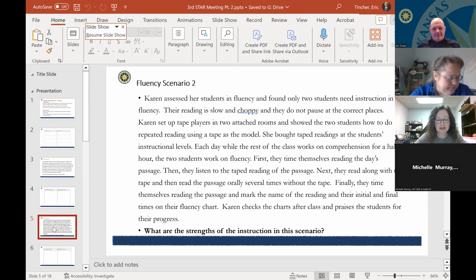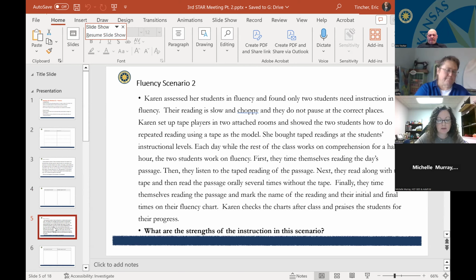Karen assessed her students in fluency and found only 2 students need instruction in fluency. Their reading is slow and choppy, and they do not pause at the correct places. Karen set up tape players in 2 attached rooms and showed the 2 students how to do repeated reading using a tape as the model. She bought tape recordings at the students' instructional levels. Each day, while the rest of the class works on comprehension for half an hour, the 2 students work on fluency.